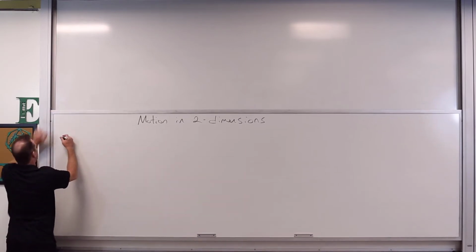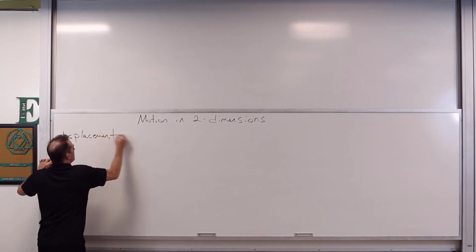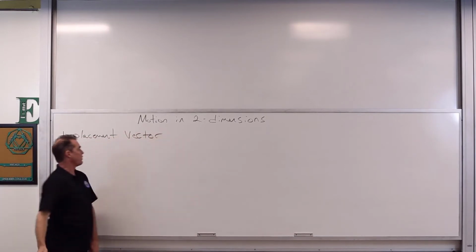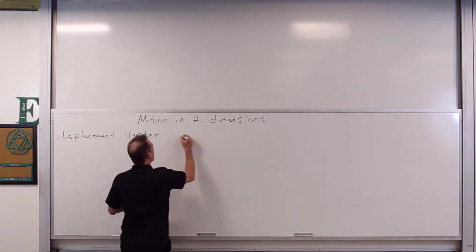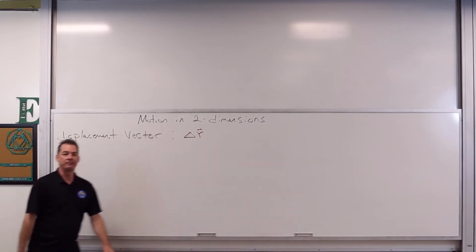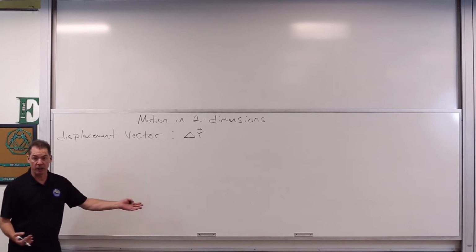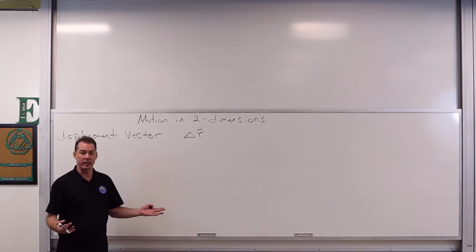So, displacement. Have ourselves a displacement vector, and we could call that delta r hat. Well, that delta r hat has a magnitude and a direction, and it also has an x and y component. So there's a couple different ways that we could write this out.